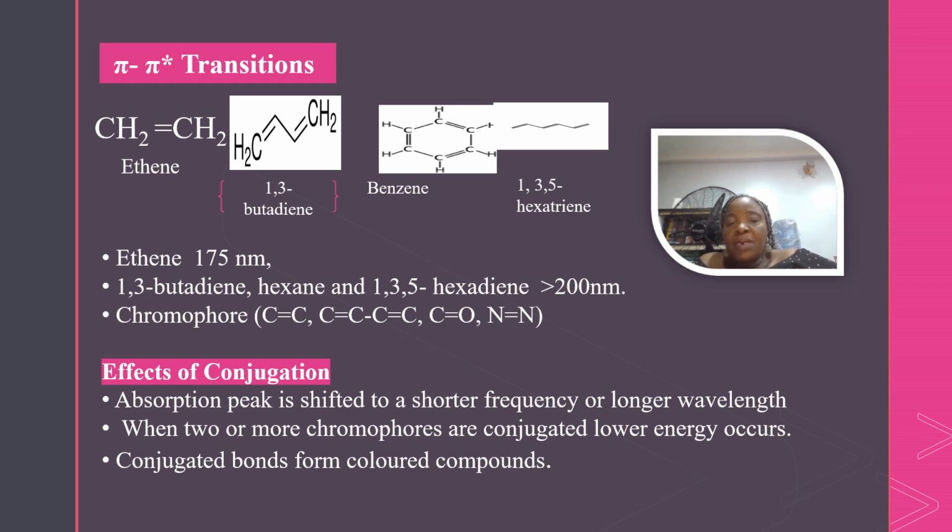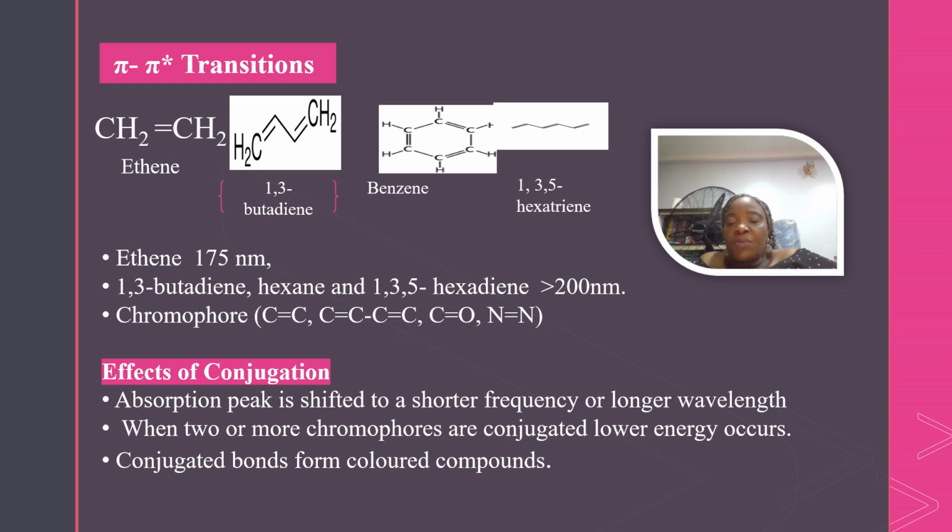They have carbon double bonds. They have conjugation, different types of carbon double bonds. They also have aromatic structure in them, especially benzene. Aromatic structures have these pi to pi star transitions.